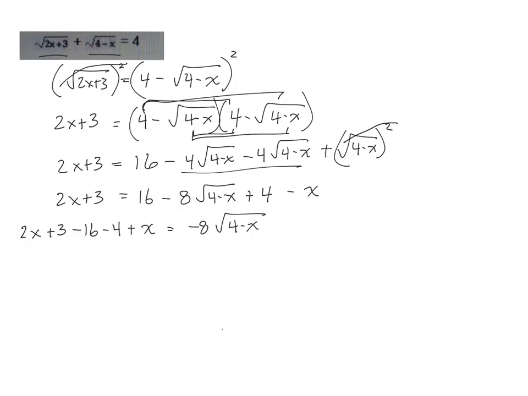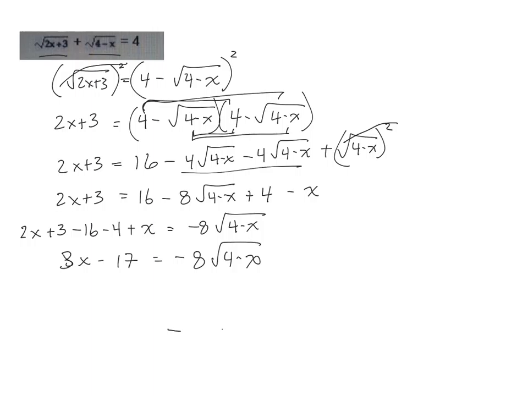All right. 2x plus x would be 3x. And then 3 take away 16 is a negative 13, minus 4 is a negative 17. Equals negative 8 root 4 minus x.